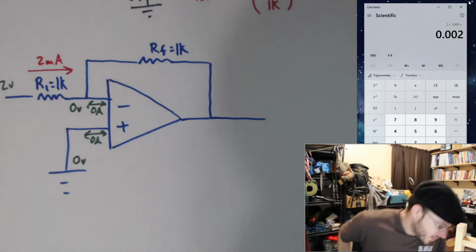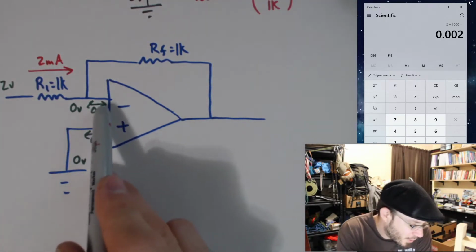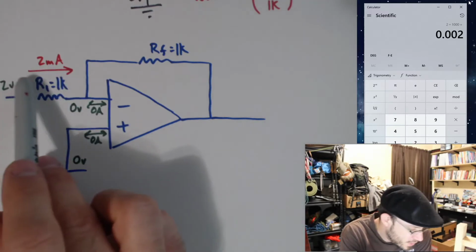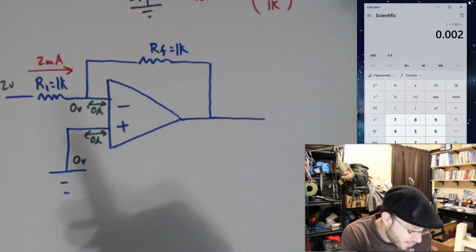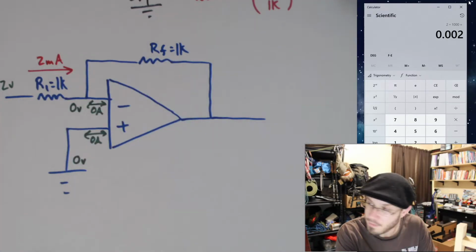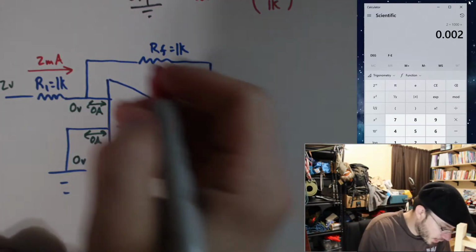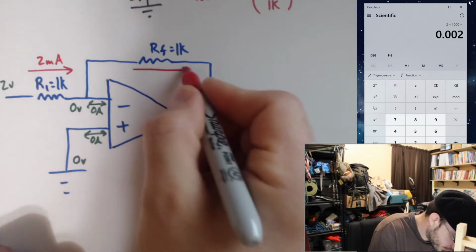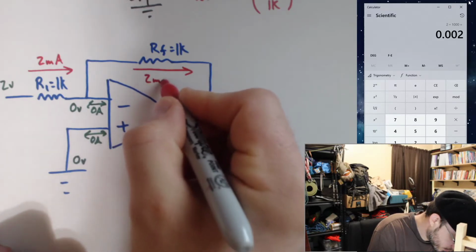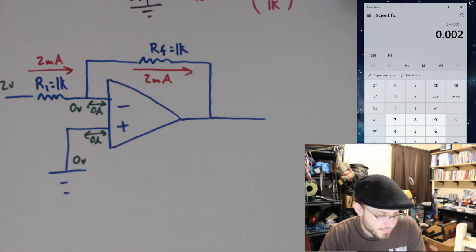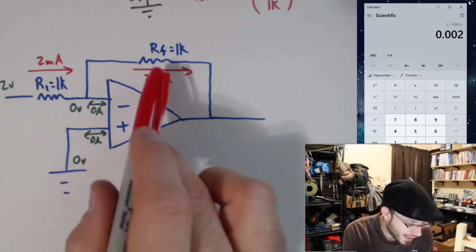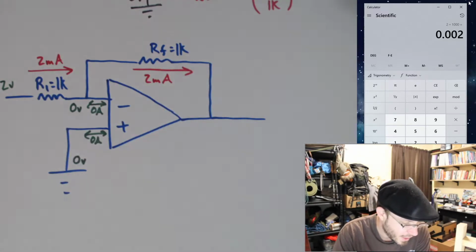But notice no current in or out of this input here. So this 2 milliamps is entering this node, so I better have 2 milliamps leaving the same node. Kirchhoff's current law. Okay, does that now let us figure out what the voltage across the feedback resistor is?